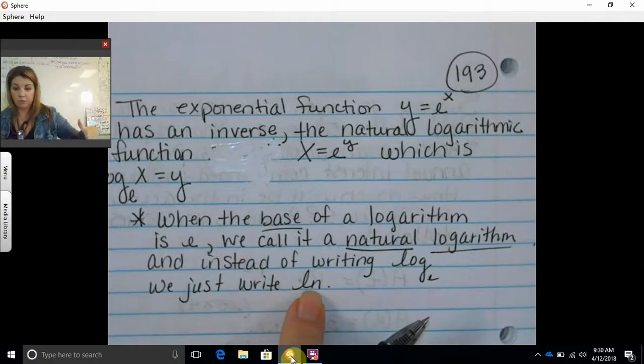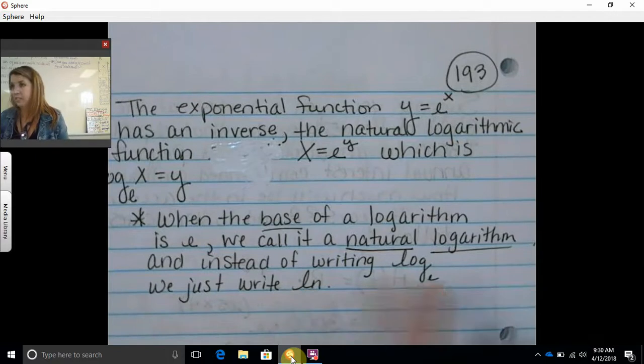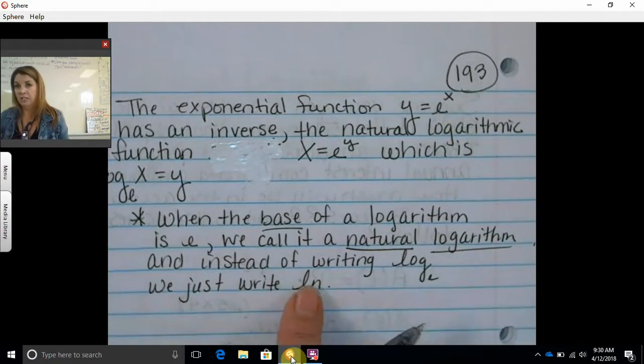That means log with a base of e. A log with a base of 2.71828, whatever it was. Okay? But you're not going to see it written as log base e. You're going to see it as ln, which means natural log, log base e.